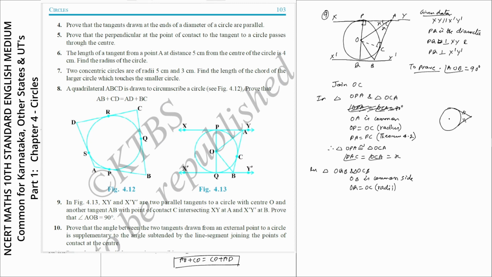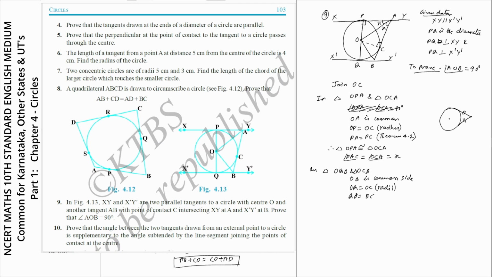And now one more side should be equal, which is that side. OB is the common side. QB is equal to BC.